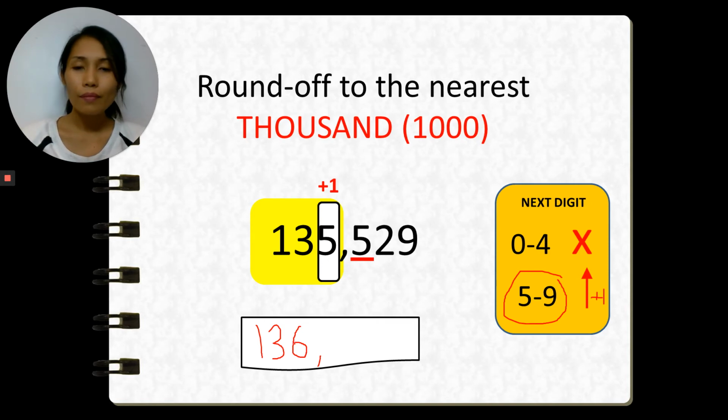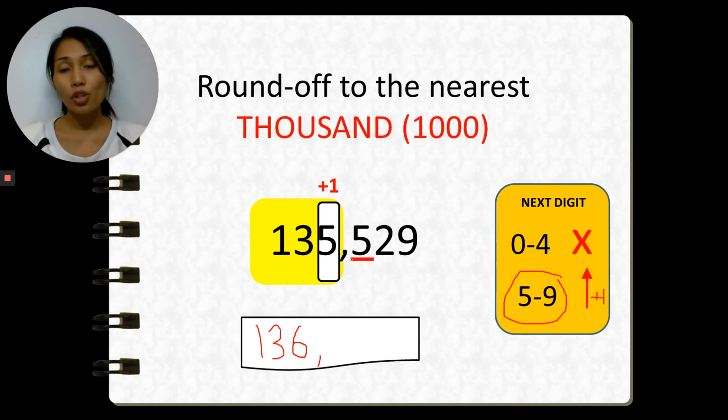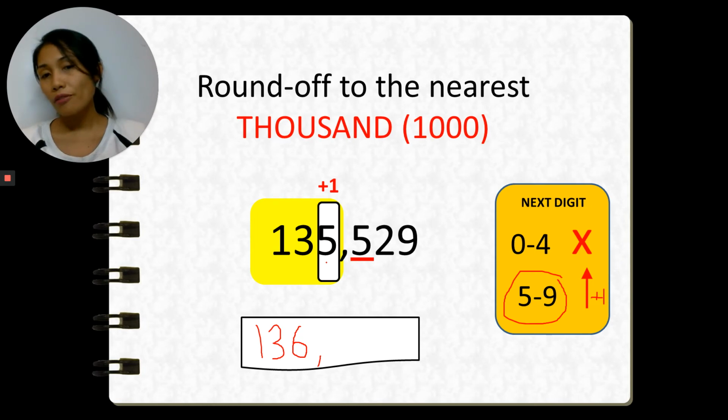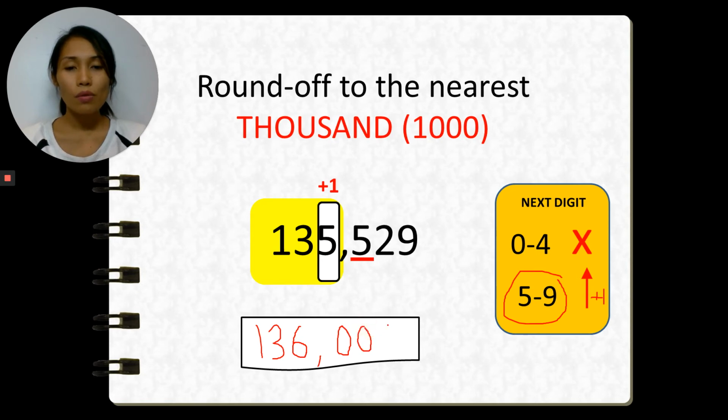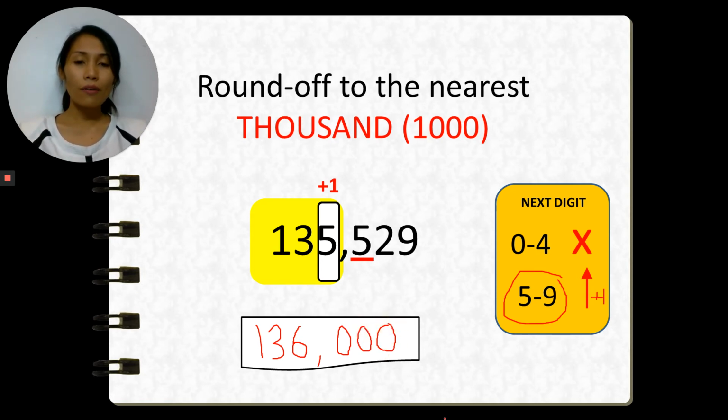Okay. Then next is, what are we going to do? All the numbers to the right change to 0. So how many digits after 1,000? There are 3. So 5 becomes 0, 2 becomes 0, and 9 becomes 0. So 135,529 was rounded up to 136,000.